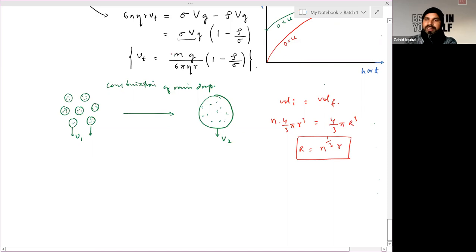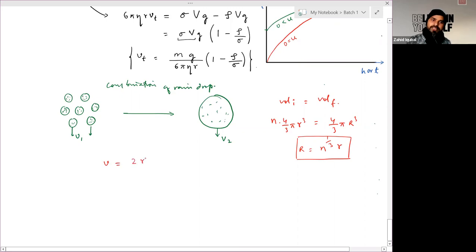In the above part, we have two different formulas for terminal velocity: one in terms of radius only, and the other in terms of mass. In this combination, the mass of the object is changing. Each small drop has mass m, and on combining n drops we have total mass n times m. So instead of calculating in terms of mass, it will be easier to calculate in terms of radius.